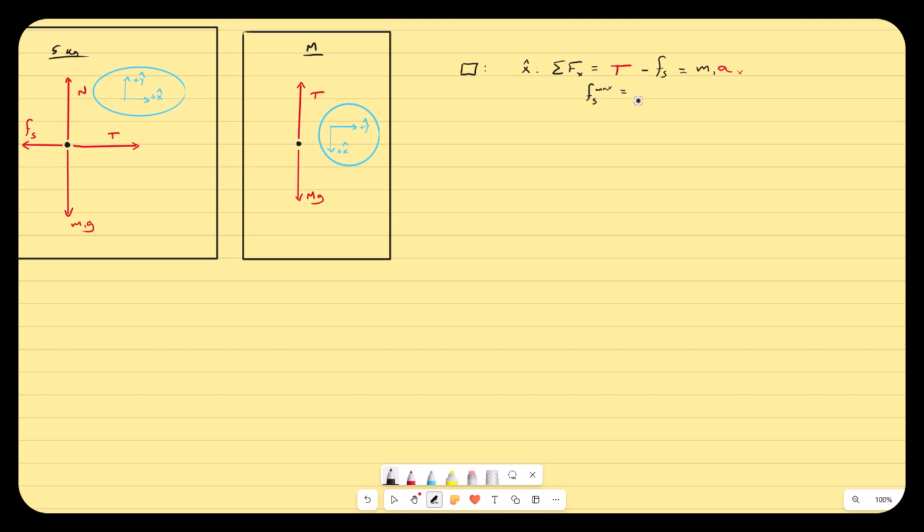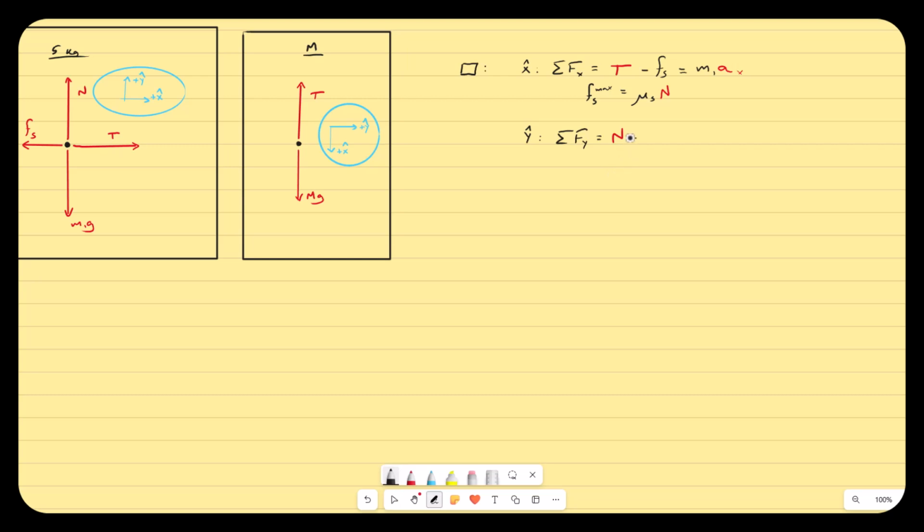My static friction max is equal to mu static times the normal force, but I'm one step ahead of myself because I don't know that normal force yet. I'm going to need to look at the y direction for this. Sum of forces in the y direction, I have the normal force going up.